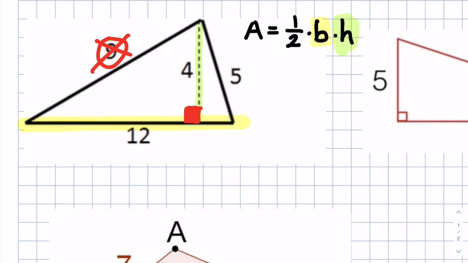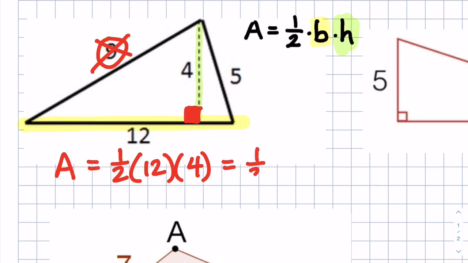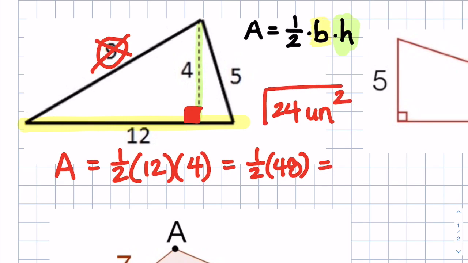So we would say, okay, area is equal to 1/2 base times height. That would be 1/2 of 48, which would make the area of this triangle 24, and I'm going to put units squared.